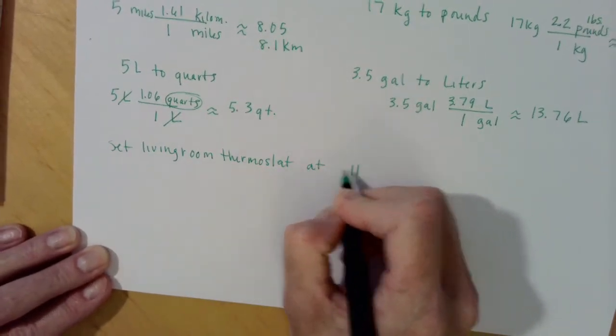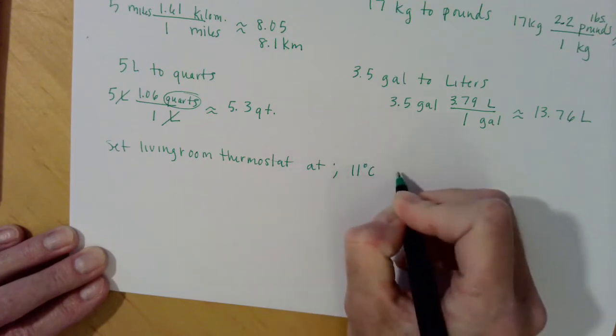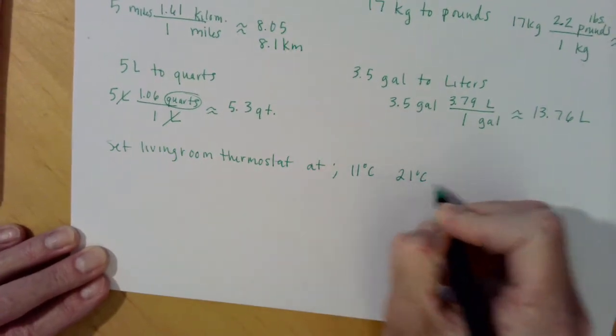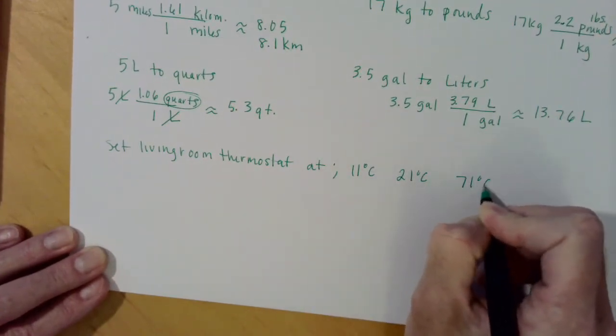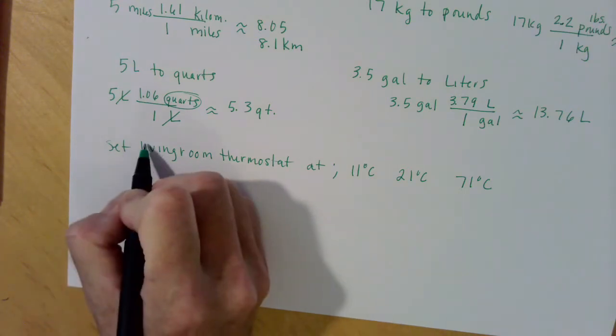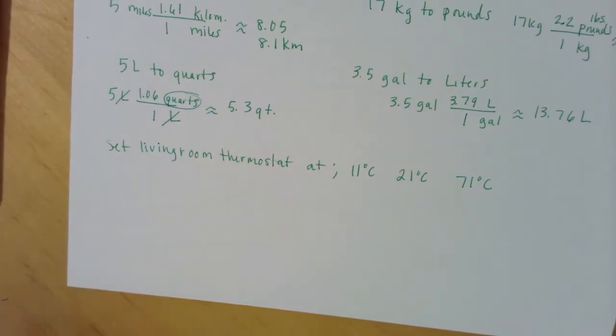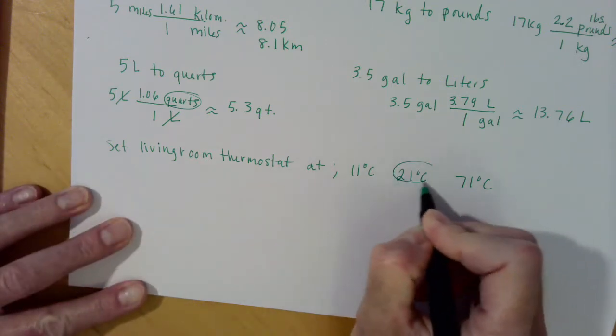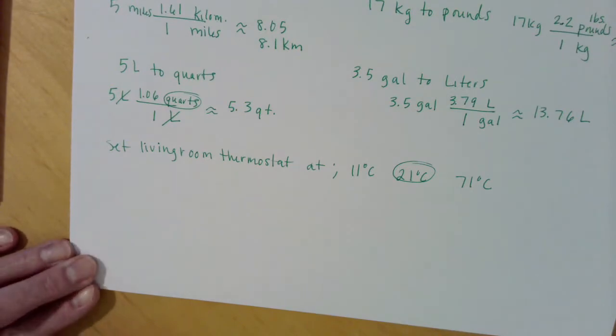It could be 11 degrees Celsius, 21 degrees Celsius, or 71 degrees Celsius. And you have to circle the one that makes the most sense. So in all of these problems, see if you can circle it before I do. So look at your chart that you just looked at, took a picture of, wrote down in your notes, and see which one looks like it should be your living room thermostat. And hopefully you all got 21 degrees Celsius.